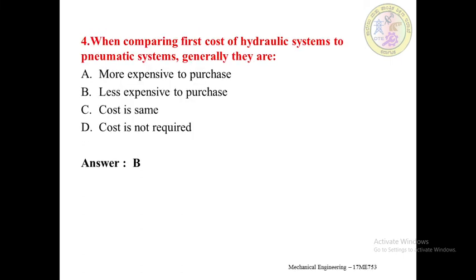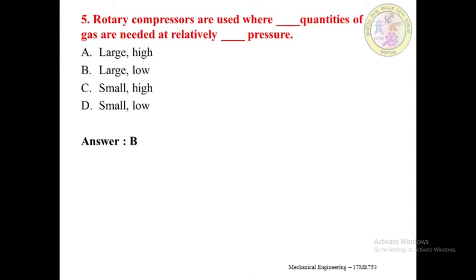Now, question number 4: when comparing the first cost of a hydraulic system to a pneumatic system, the four options are more expensive to purchase, less expensive to purchase, cost is the same, cost is not required. We know that the operating conditions of hydraulic systems are very high, so they have a higher cost. Means the pneumatic systems are less expensive to purchase. The answer will be A.